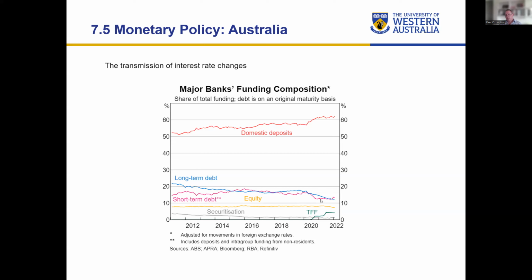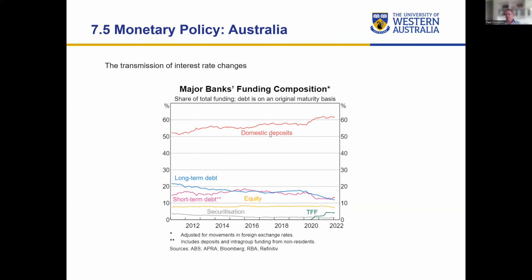Interest rates on this short-term debt will be falling by 1% as well. Interest rates on domestic deposits, hard to tell. They may be falling by more than 1% or less than 1%. It really depends upon the availability of savings in the economy and how keen banks are to attract more domestic deposits.